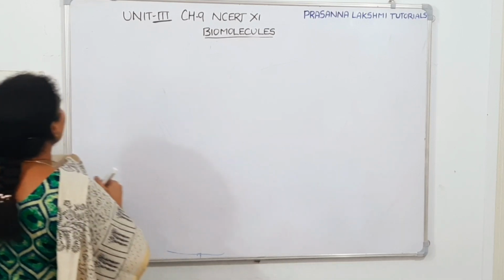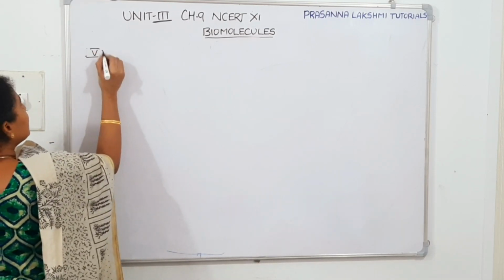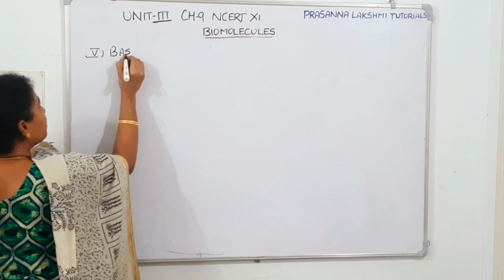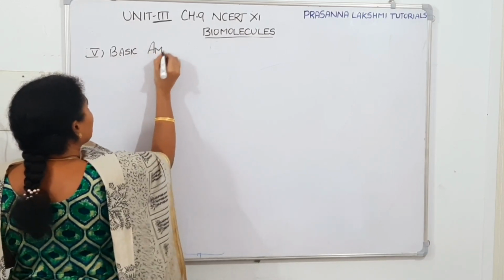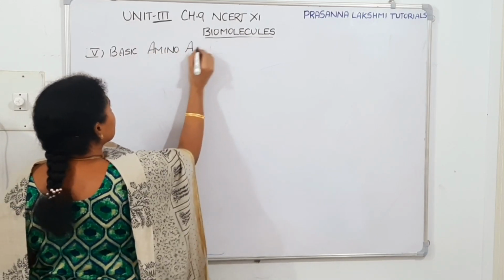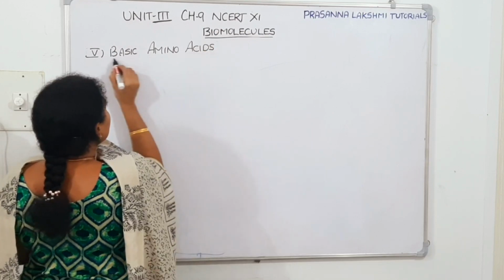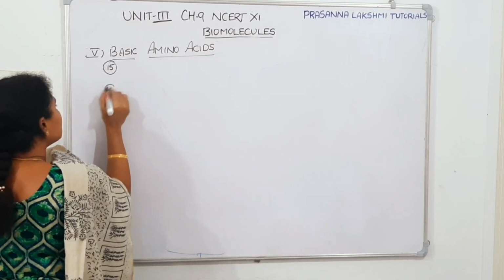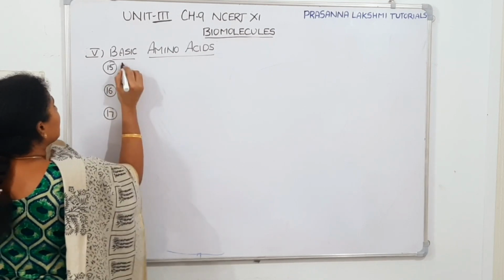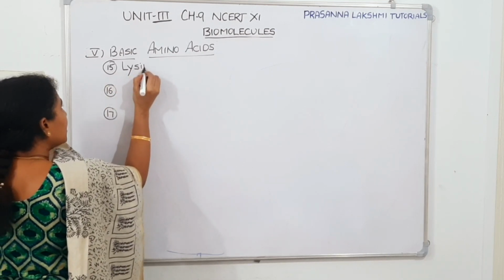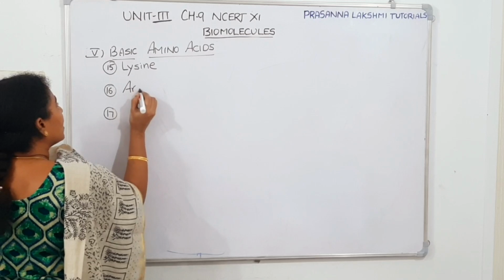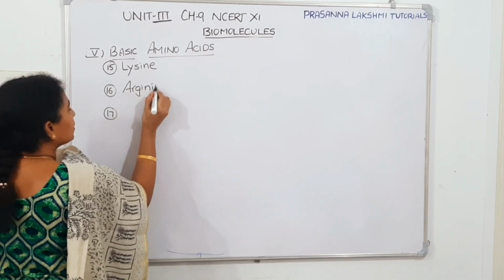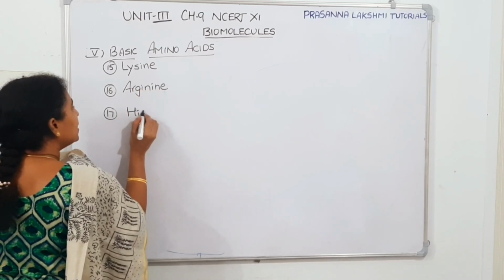So let's go with the next category, which should be called basic amino acids. Under that, as I told you, we have count number 15, 16 and 17. They are lysine, arginine, histidine.